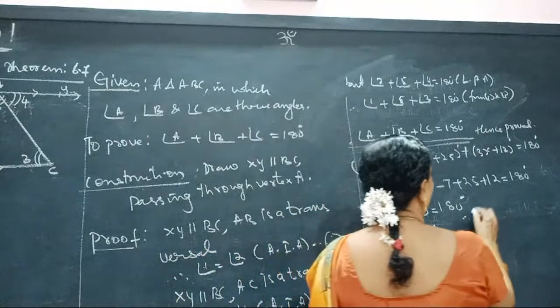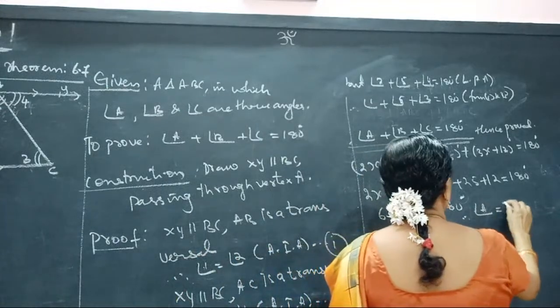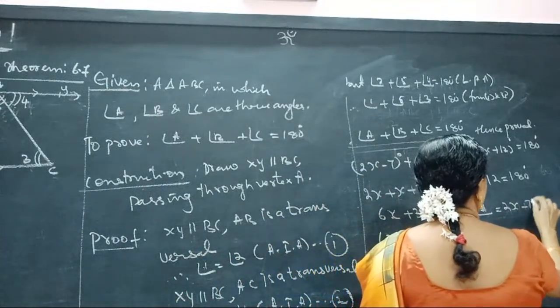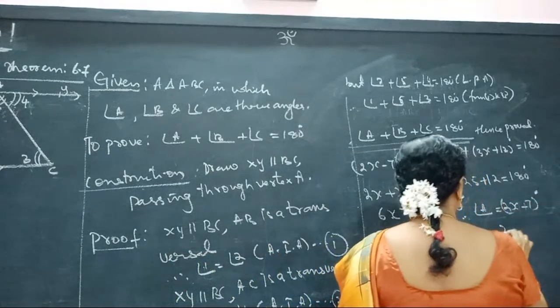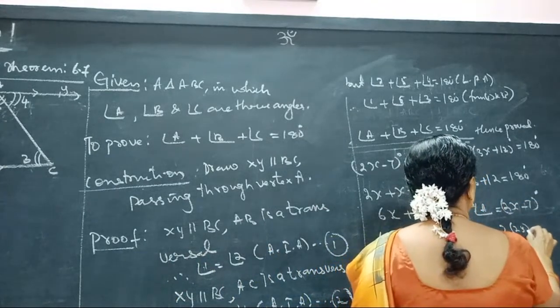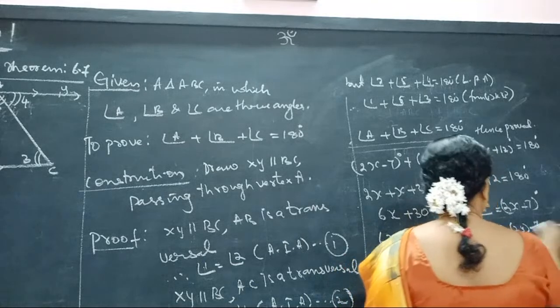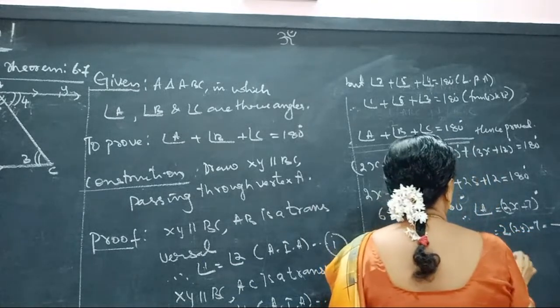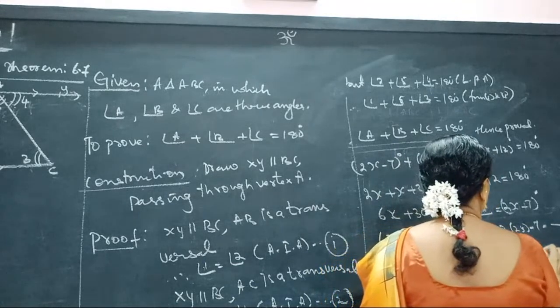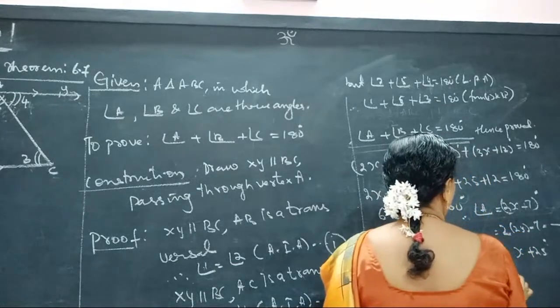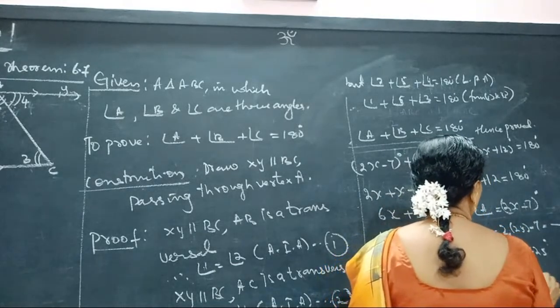How? You write angle A equals 2x minus 7, 2 into 25 minus 7 is the answer. Similarly, calculate B, x plus 25. Calculate C, 3x plus 12.